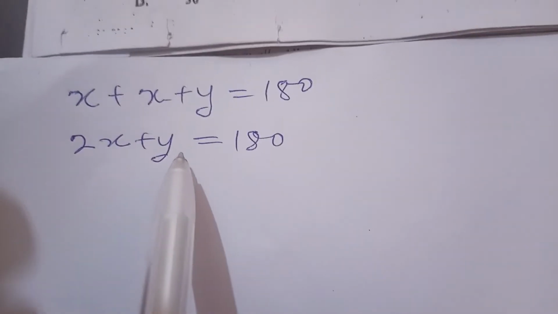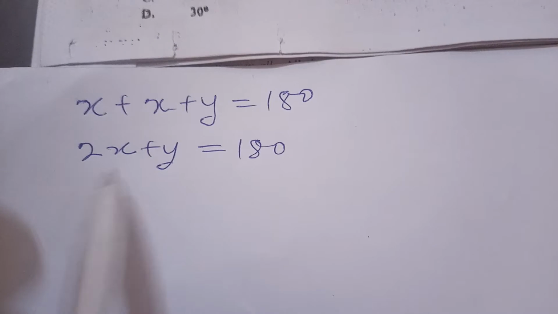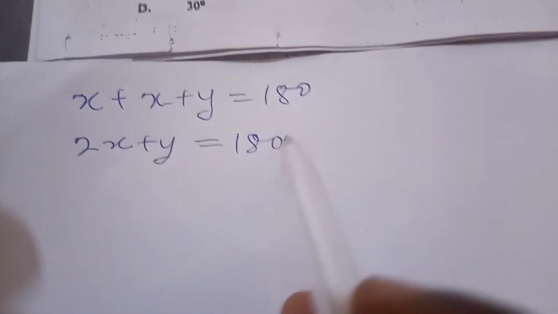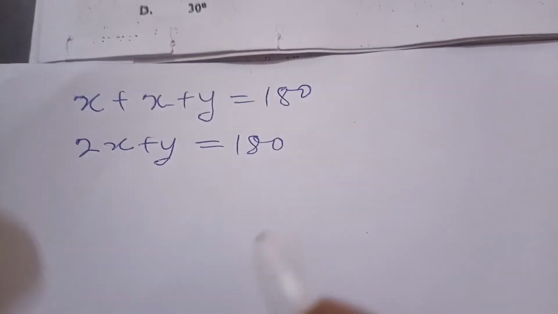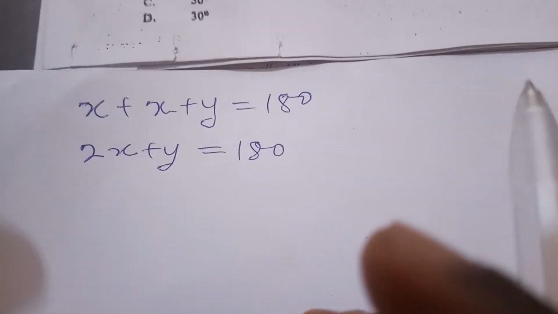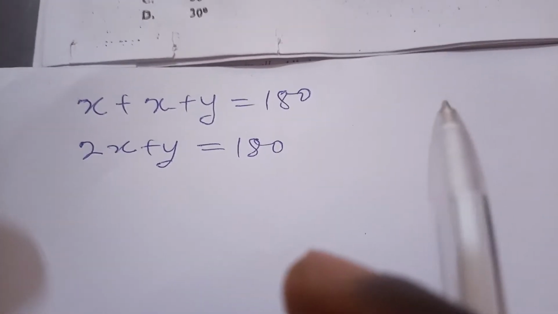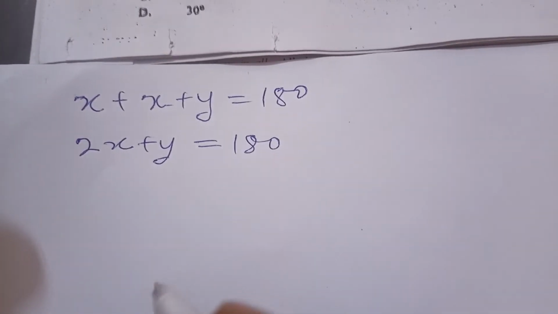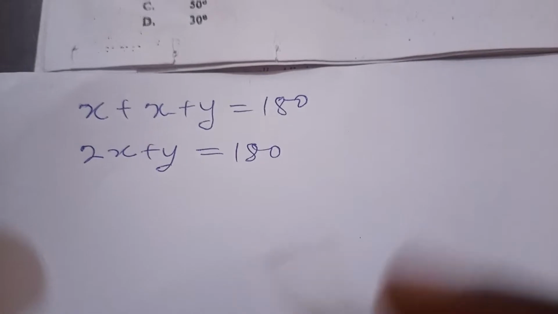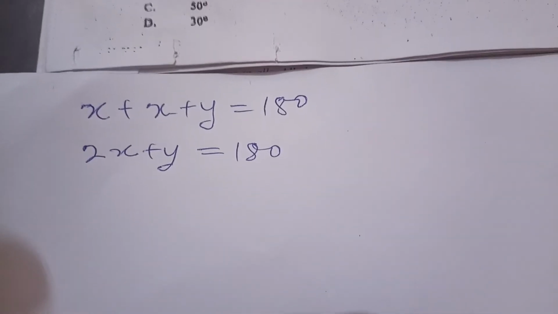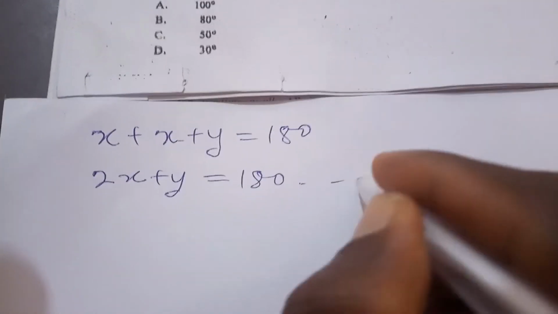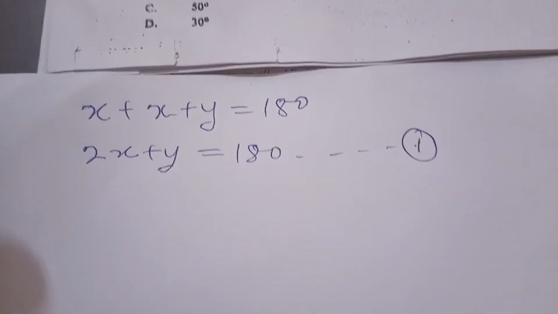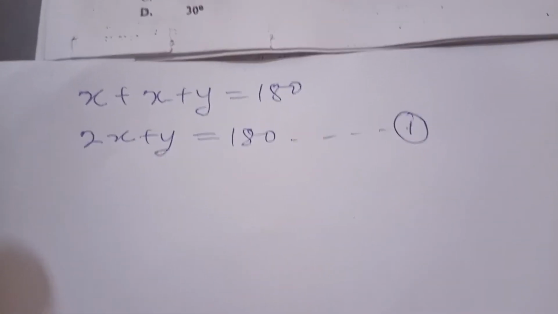At this point, there is nothing we can do about it because we have 2 variables, x and y, being equal to 180, and we cannot solve it unless we know either x or y. So because of that, we name it equation 1, just meaning that we have not finished solving. We'll come back to it again.